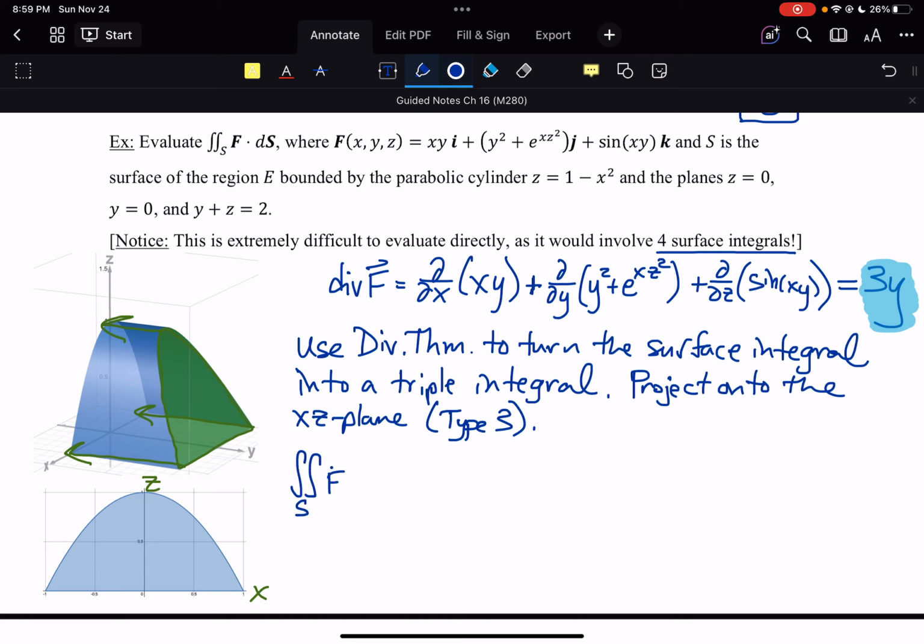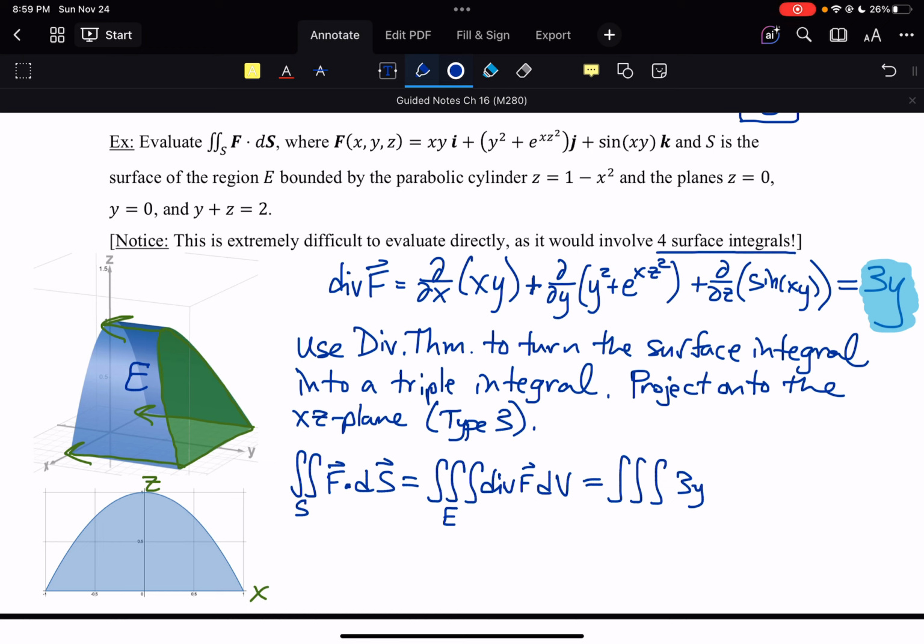So our surface integral over S becomes the triple integral over E. E is again the solid that's bounded by all of these, of divergence of F dV. Divergence we saw was just 3y.